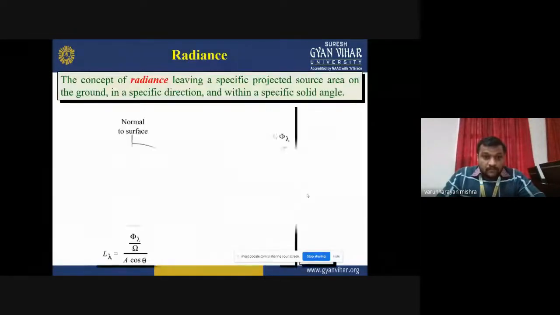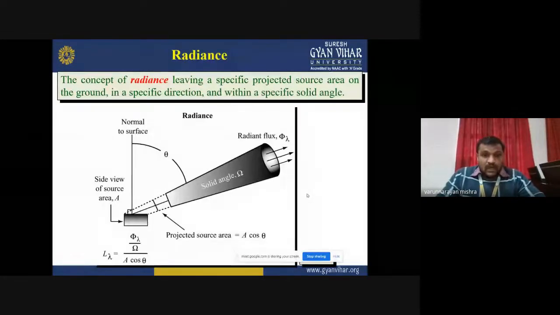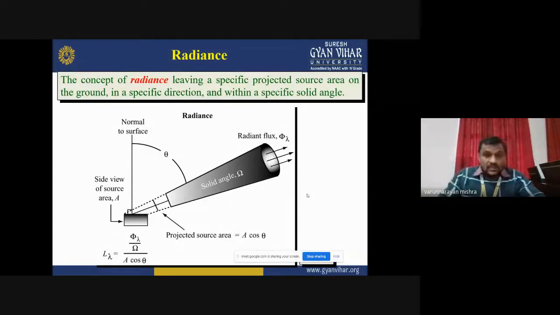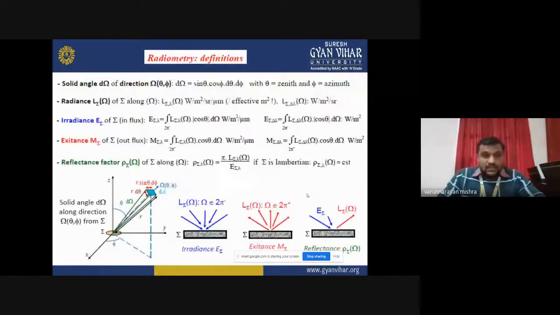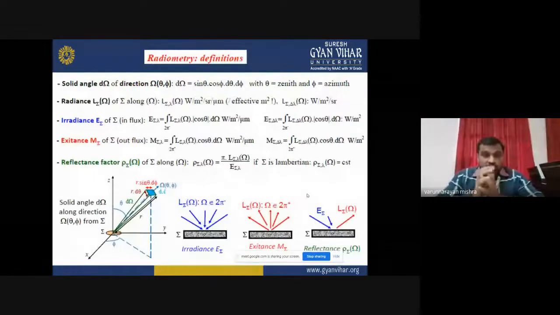This is how the energy leaves the Earth's surface. These are some of the equations used to calculate the amount of radiation leaving the Earth's surface, that is radiance.